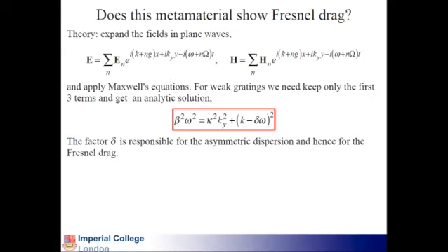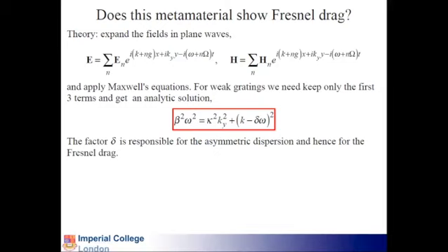Well, you can do an analytic theory of this, and what comes out is that you have a dispersion relationship which modifies the frequency of the light and the wave vector of the light, but most importantly, there is this alteration of the wave vector in the direction of flow of the liquid, and it's altered by something which is proportional to the frequency here.